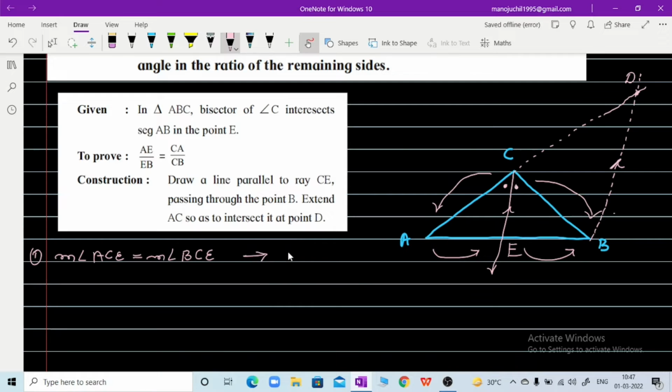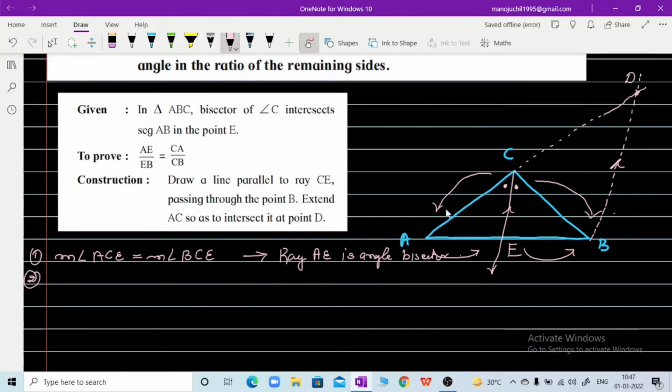Reason for this, ray CE is the angle bisector. So we got that these two angles are equal, angle ACE is equal to angle BCE.